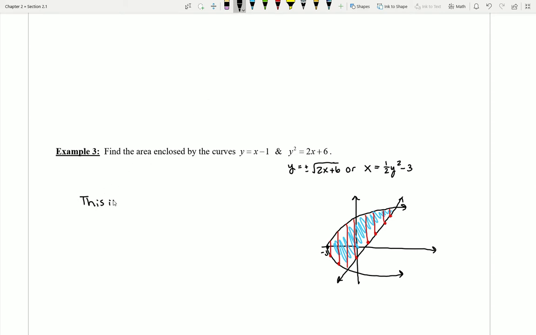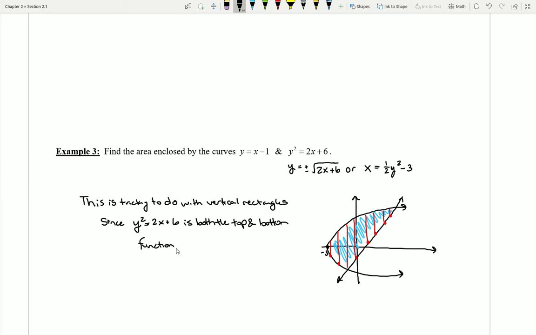So I can say here, this is tricky to do with vertical rectangles, since y squared equals 2x plus 6 is both the top and bottom function, or I guess I shouldn't use the word function here since this doesn't pass the vertical line test, but I could say both the top and bottom curve for some rectangles.